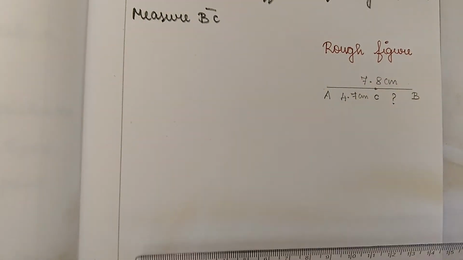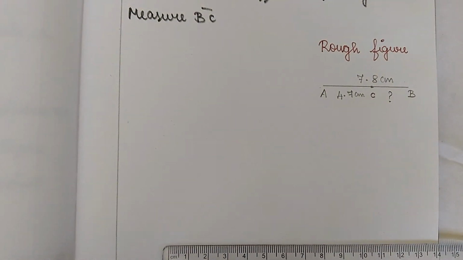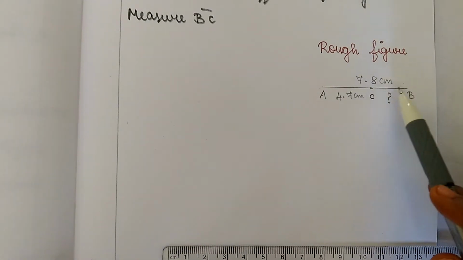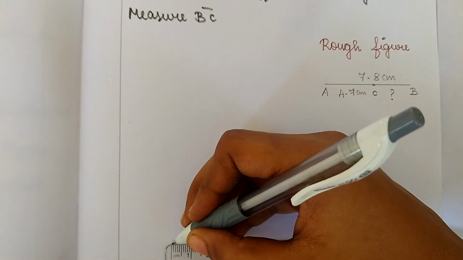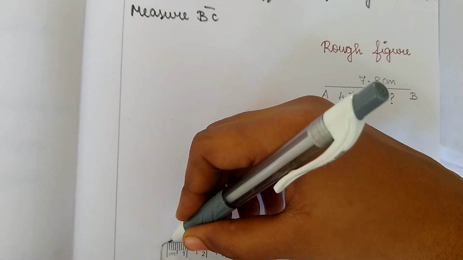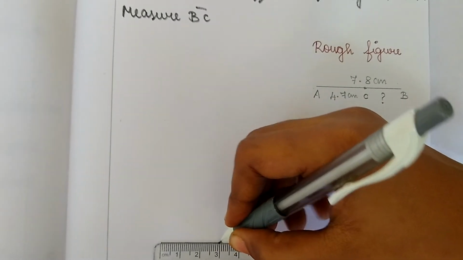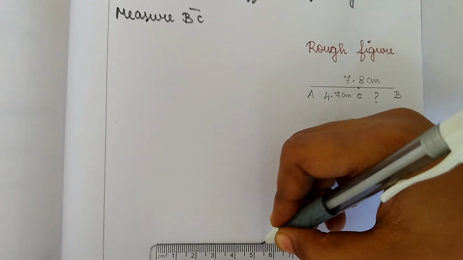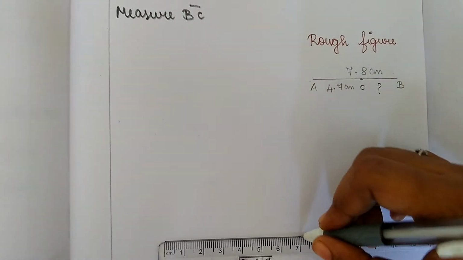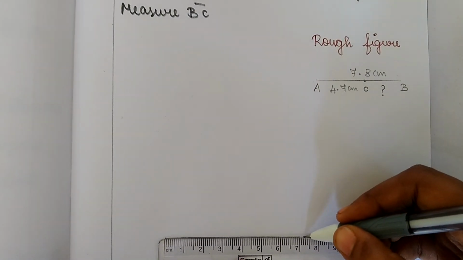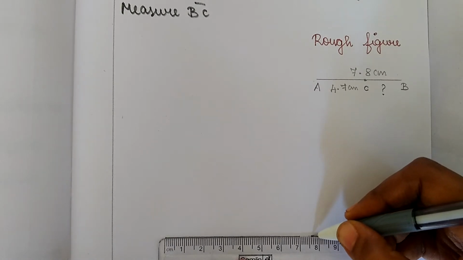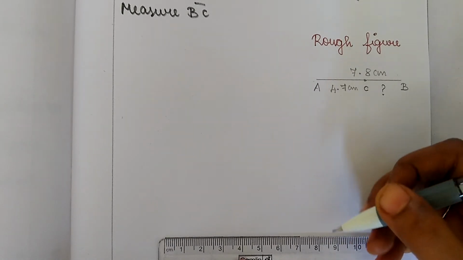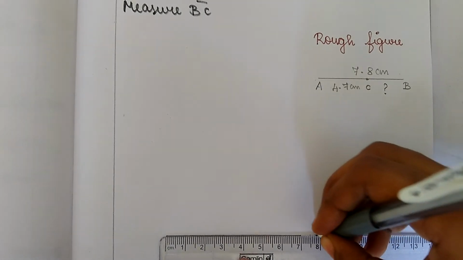Rough diagram. First draw line segment AB equal to 7.8 centimeter. So we have to draw, this is 0, 1, 2, 3, 4, 5, 6, 7, 7.1, 7.2, 7.3, 7.4, 7.5, this is 7.6, 7.7, 7.8.